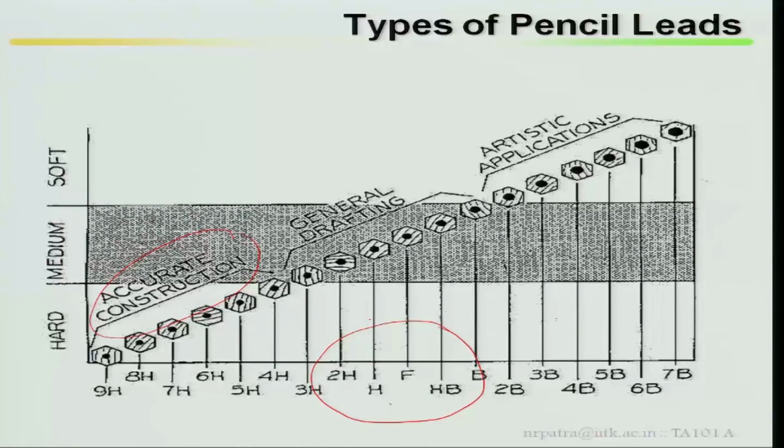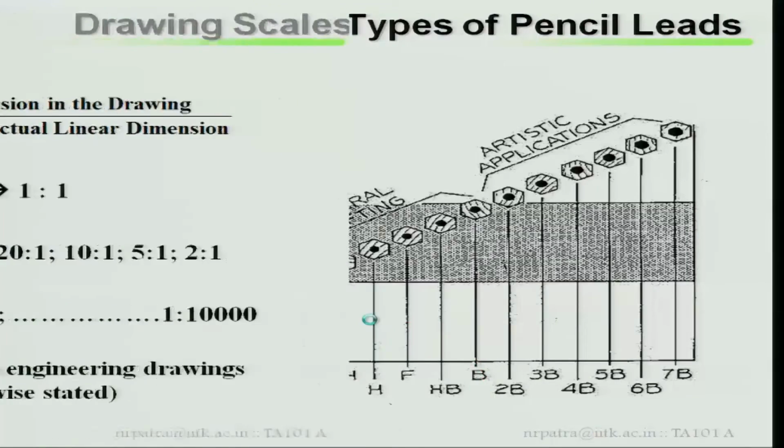Generally these are for general drafting or general drawing, and come under medium. Then 2B, 3B, 4B, 5B, 6B, 7B are for artistic applications. These are called soft pencil leads. So you will have to bring H, 2H as well as HB pencils to your drawing class.